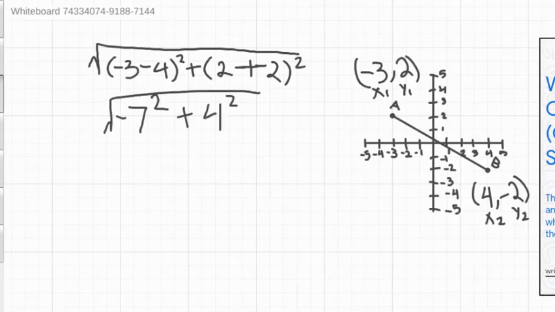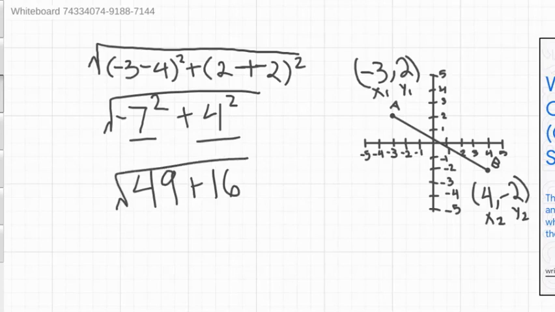Square root of that. -7 squared is 49. 4 squared is 16. 49 plus 16 is 65. Not 75, 65. The square root of 65 is what we need to figure out.